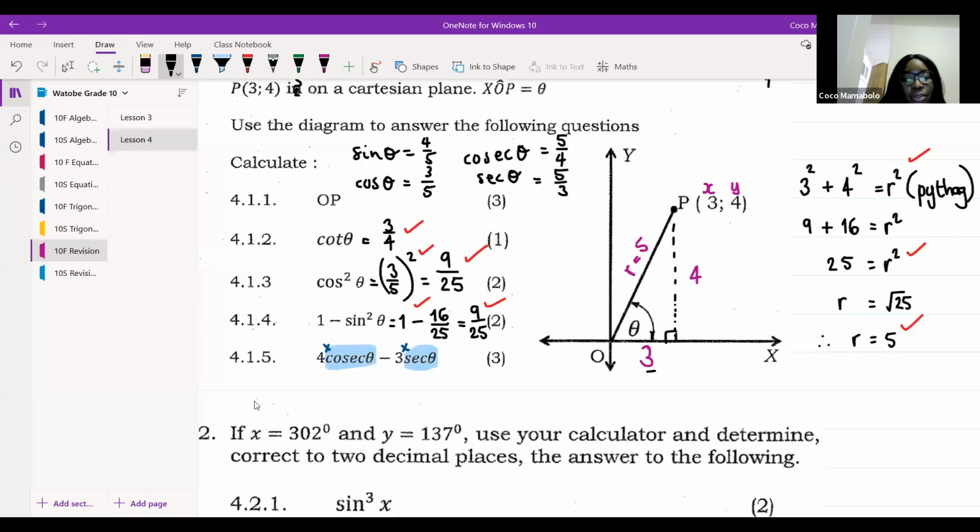Then we need to go back and put it together. We're going to get 4 times the cosec, which is 5/4, minus, remember BODMAS, we need to do the multiplication first, minus 3 times 5/3.